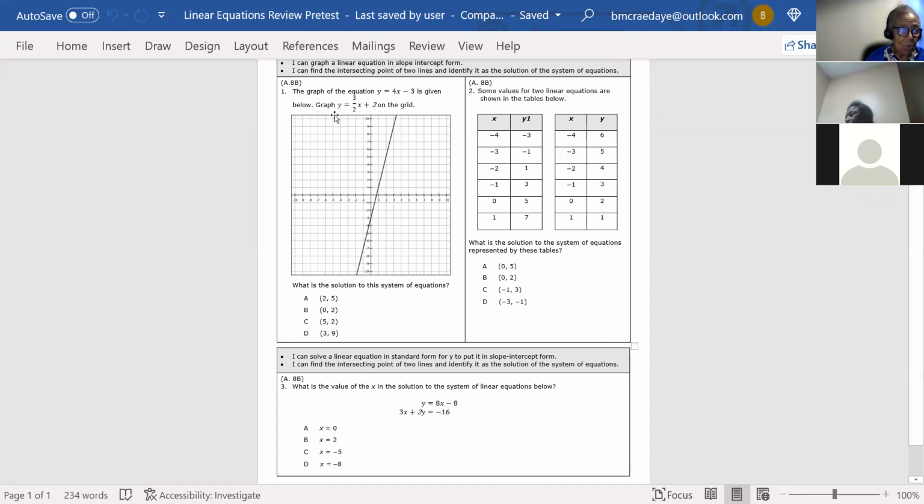On the first one, I will give you the values for the second equation. You just put them on this grid, and wherever they intersect, that would be the answer. Just like these two tables, wherever you see the same value for X and Y, that would be the solution. Got it?